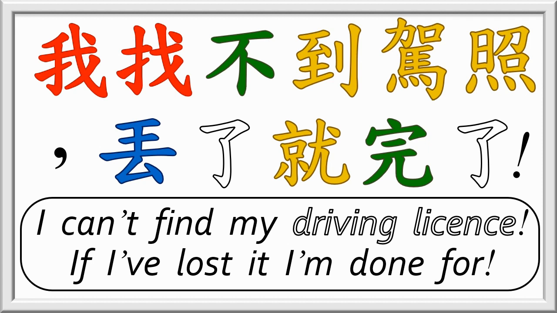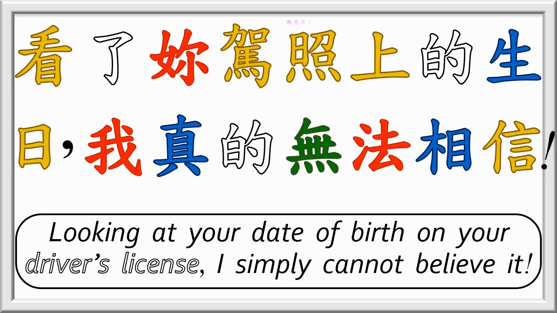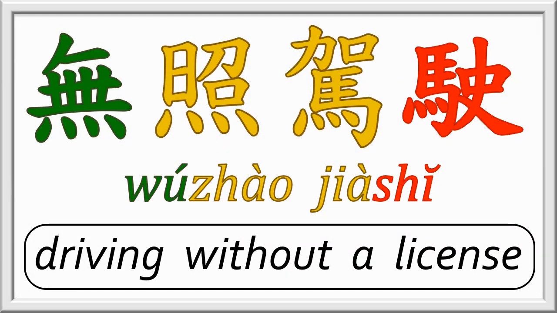If I've lost it, I'm done for. 看了你驾照上的生日，我真的无法相信。Looking at your date of birth on your driver's license, I simply cannot believe my eyes. In official terminology, abbreviations are always possible, as in 无照驾驶, driving without a license.